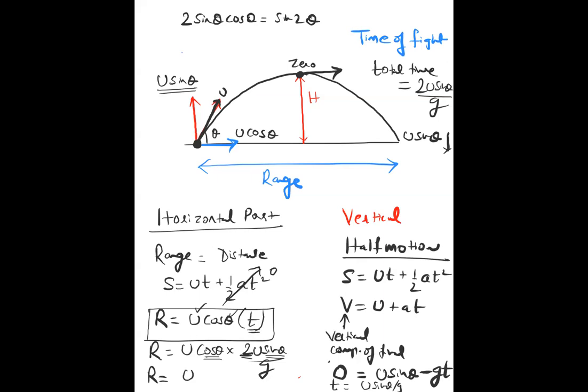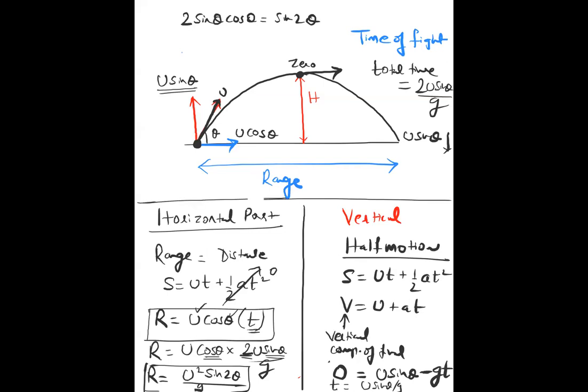So U square sine 2 theta by G. This is the formula for range. Very, very important formula. Extremely important formula. Okay. And I am doing it in a very cluttered manner, everything in one page. Okay, let it be. But you can understand one by one and note it down.